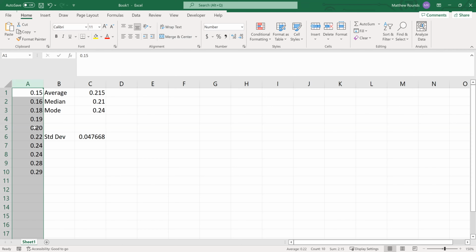And if it doesn't know any better, like if you put in 1, it's going to put in 1.00 instead of just one. It depends on what you're doing. So there are entire classes you can take on Excel, and I think it's very useful to know at least how to do a few things with it.